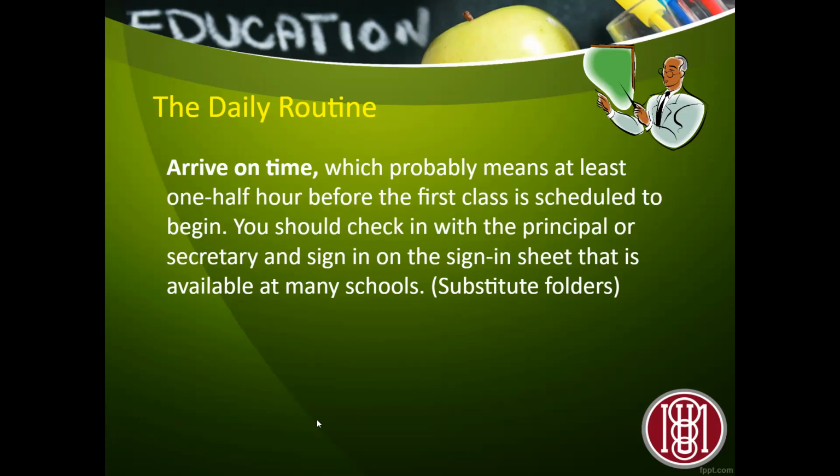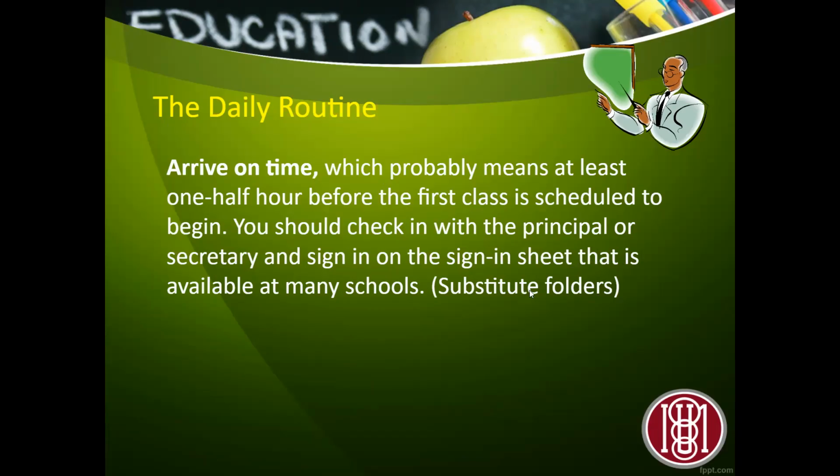The daily routine: arrive on time. Rule of thumb is to try to get there a half an hour before the first class is scheduled. But definitely check with the district and see what time the teacher sign in is, and you want to be there at least by that. That differs from elementary to middle school to high school at districts, and you just have to check with their schedule.